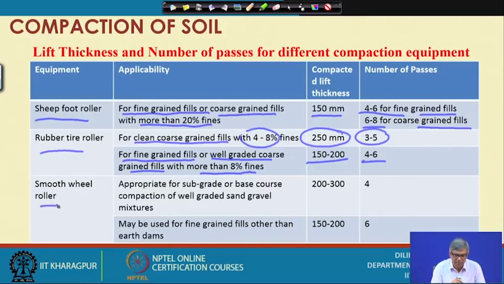Smooth wheel rollers are appropriate for subgrade and base course compaction of well-graded sand-gravel mixture, with a lift thickness of 200 to 300 and 4 passes. It goes on like that.